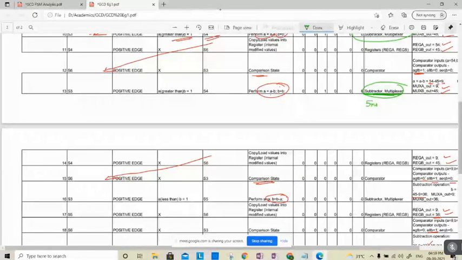A total of 10 nanoseconds of time is taken. So the minimum time period of the clock signal for this particular state must be 10 nanoseconds. You definitely must give that. If you give less than 10 nanoseconds, you may get random values. The multiplexer output may not come, or the subtractor output may not come properly.